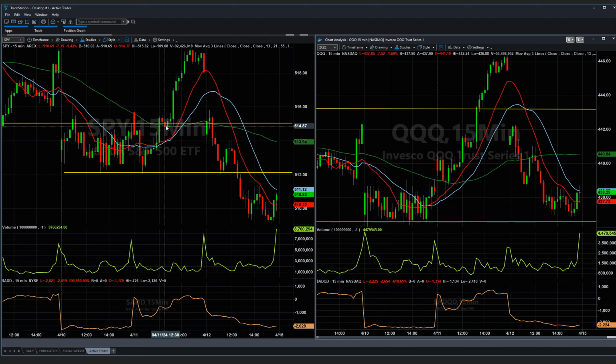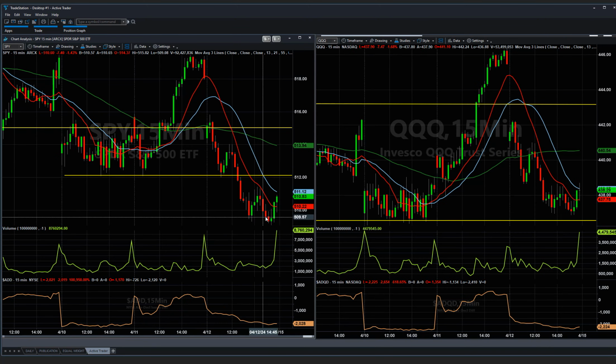You can see even on this breakout here, we had a pause at this upper extreme before we saw the breakout to the upside. Then coming back down, we have a little bit of a pause here. And then, of course, you can see the reaction off the 512 area before we broke through it, and then another pause at 510. Now, at 510, you can see the greater degree of time in terms of this pause.